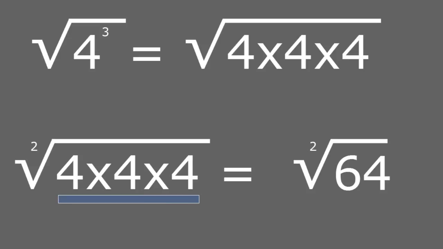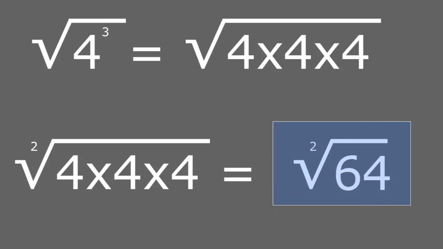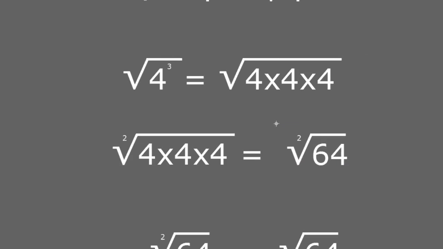Sorry for saying 16 previously. 4 times 4 times 4 is 4 cubed, and that equals 64. So now we see that we have the square root of 64.